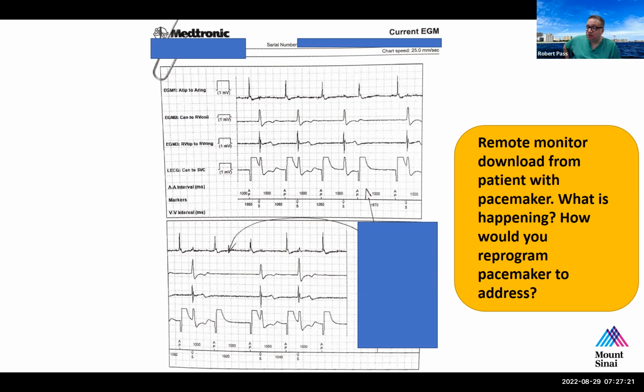So normally one has to make a decision, which is to either leave them like this, which I think in this case was very reasonable, since most of the beats are conducting, albeit in a Wenckebach or Mobitz 1 fashion. But you could also say that I don't like the idea that my patient's going to have a 1 or 2 second pause, and I would rather just be certain that we had AV pacing.